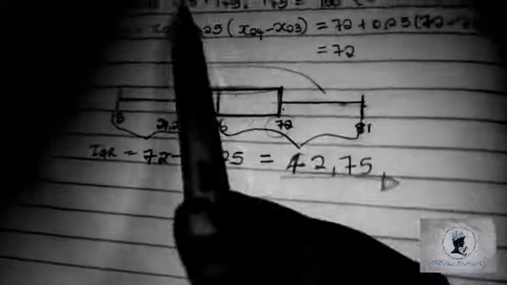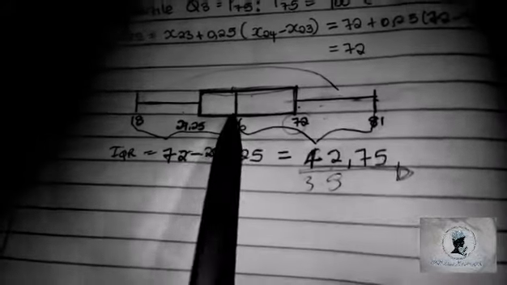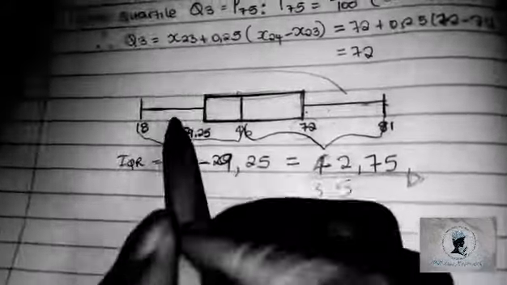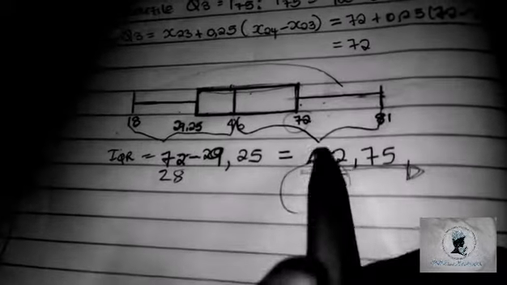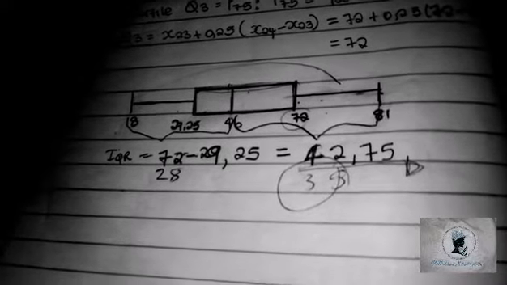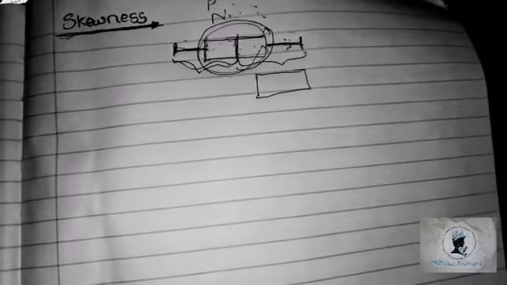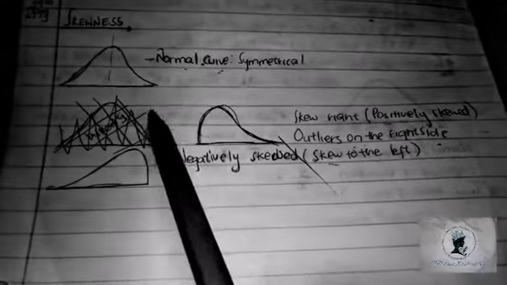In this case, from the median going to the right the distance was 35, and from the median to the left the distance was 28. So the longer side means that the data is skewed towards that side. I hope you guys understand that. So that's all we can say about skewness if we are considering a box and whisker plot.